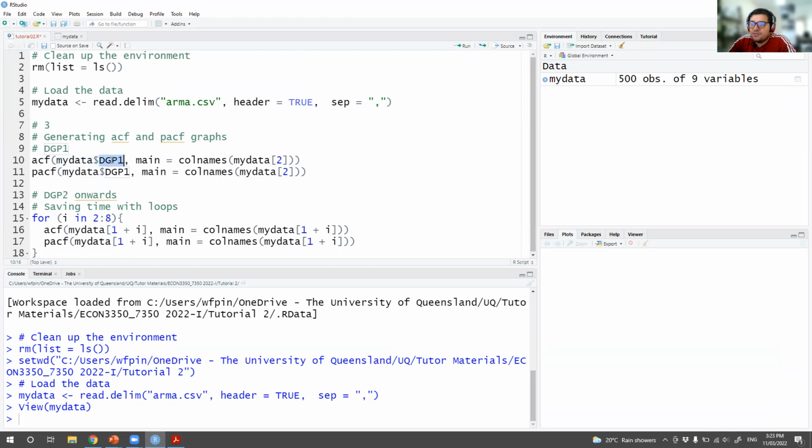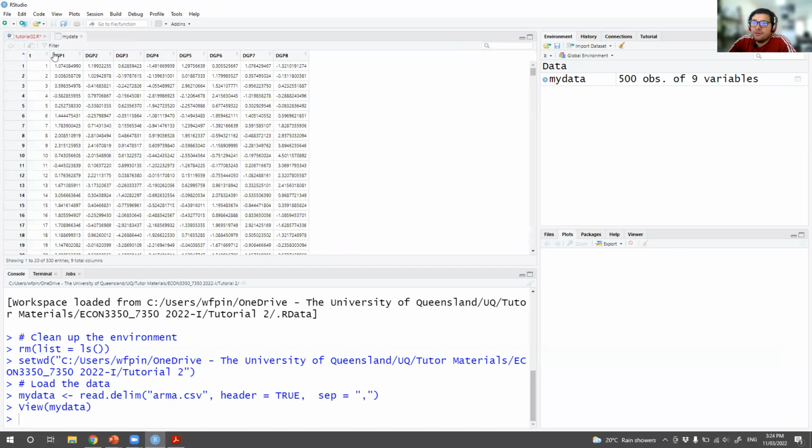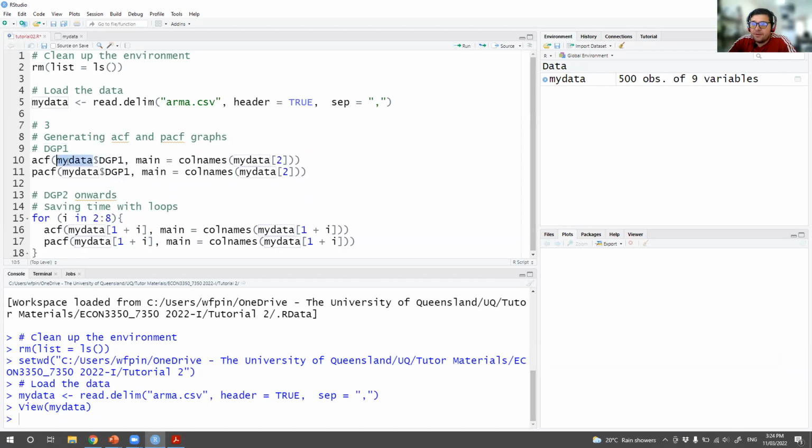In this case, we're interested in the data generating process 1 variable from the mydata dataset. That's what the $ sign means: this column from this dataset or data frame. And main is an option to give a title to the graph. It's just aesthetic.